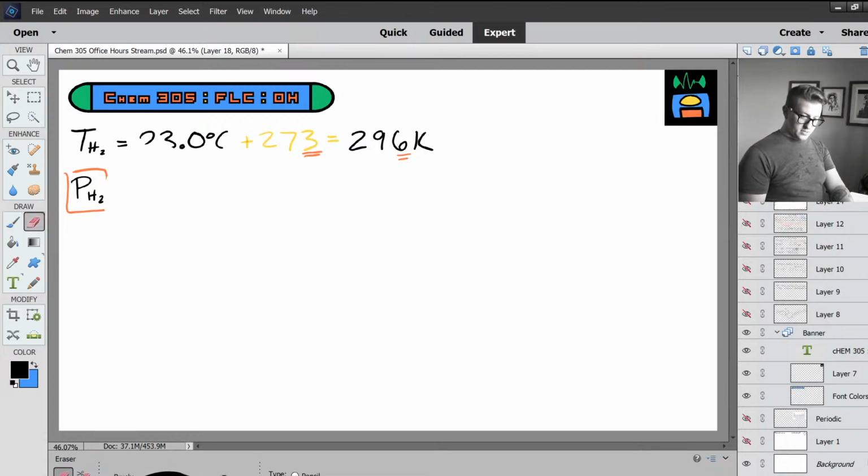So I need to make my eraser a little smaller. All right, that's good. So you'll notice that we're told what atmospheric pressure is.